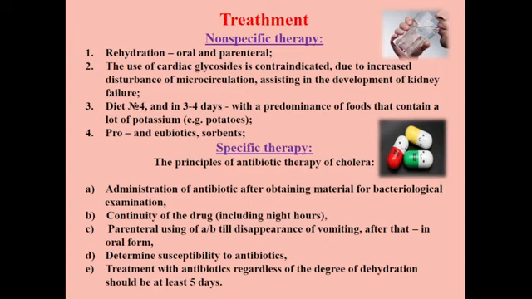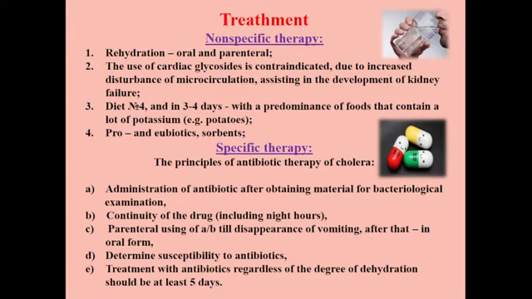Specific therapy. The principles of antibiotic therapy of cholera: administration of antibiotic after obtaining material for bacteriological examination. Yes, first take vomit masses and stools, then give antibiotics. Continuity of the drug, including night hours. Parenteral use of antibiotic until disappearance of vomiting, after that in oral form. Determine susceptibility to antibiotics.